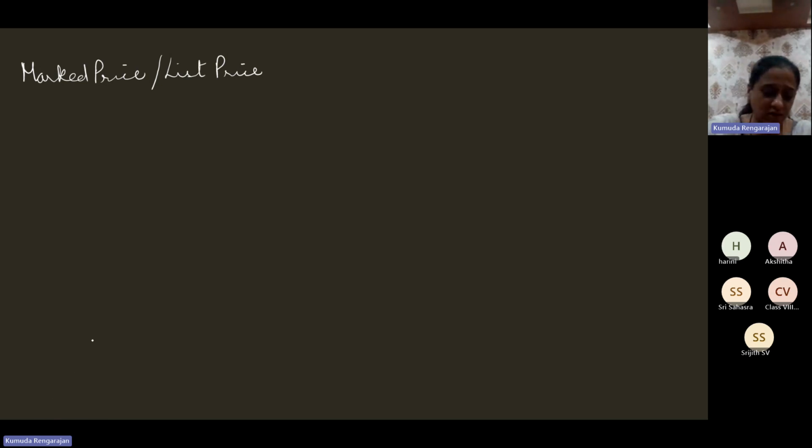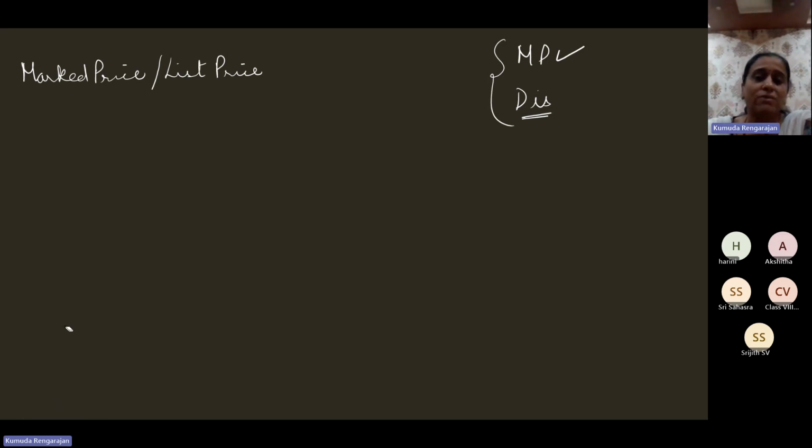So whenever goods are put up on discount, then we have this term marked price. Marked price and discount, they go hand in hand. If there is discount, that means there is marked price.